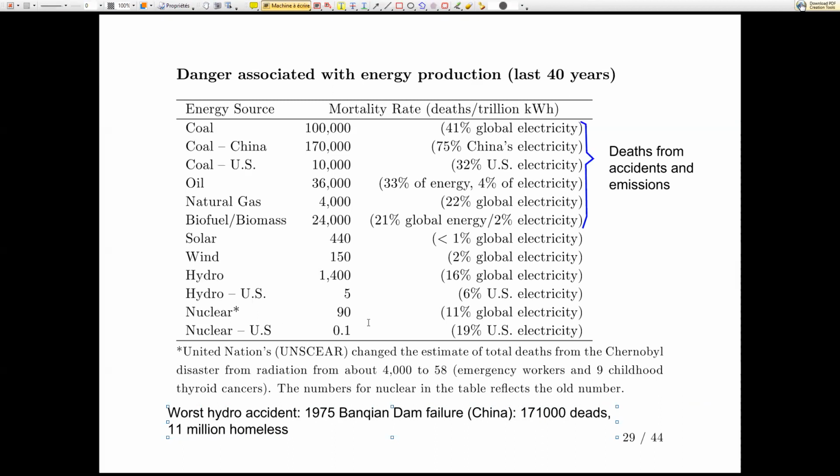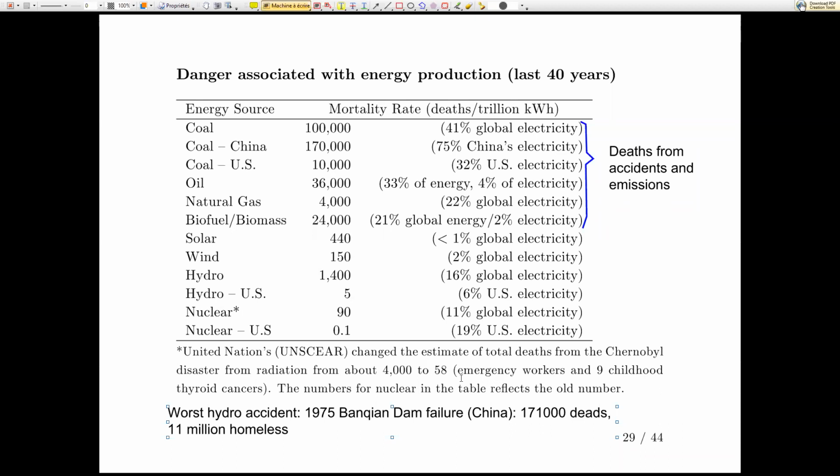One thing to say about nuclear is that this number there is not really good. It should be much lower than that, because the United Nations have tried to estimate how many cancers. First of all, about 40 people died at Chernobyl right away, because they were working there or were firemen. By the way, if you have seen the Chernobyl series, it's an awesome series. I really recommend it.